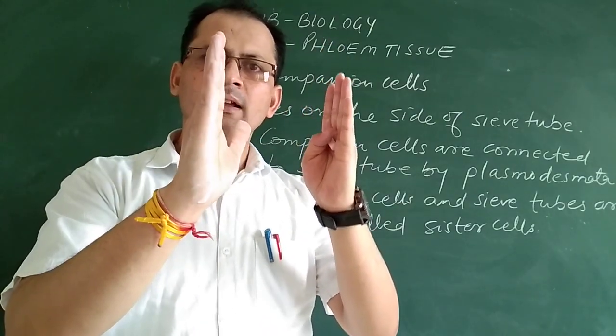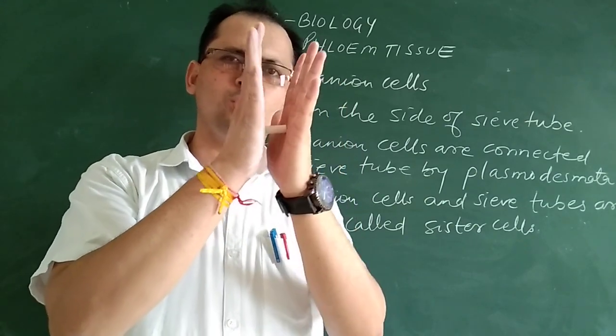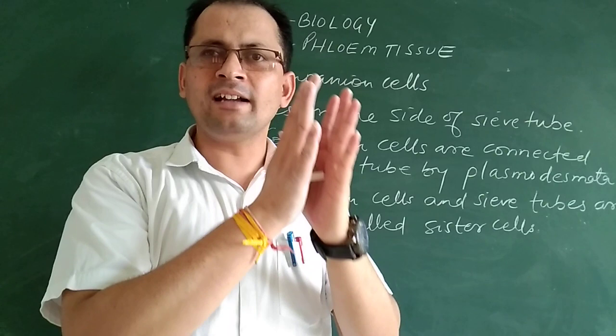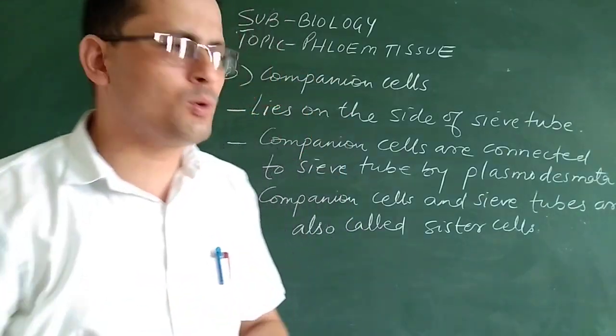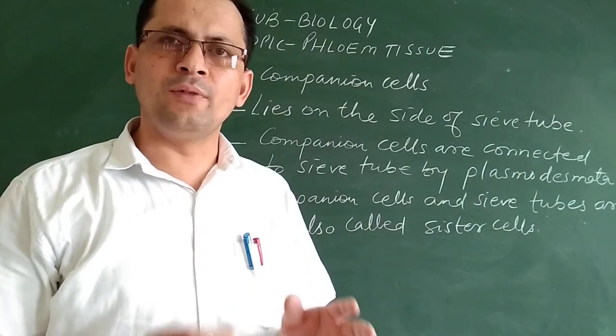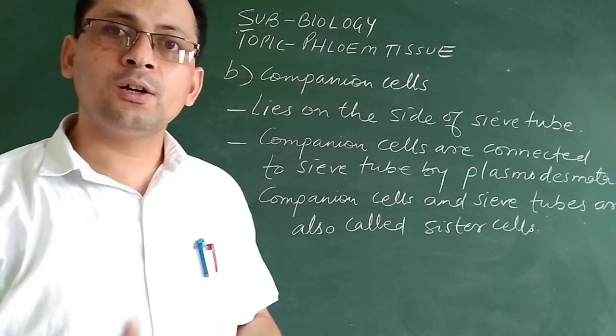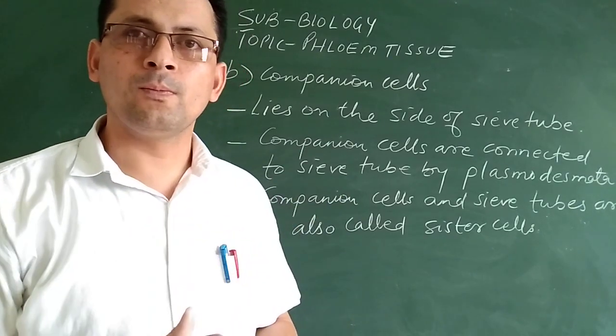The companion cell and sieve tube are connected to each other by a structure known as plasmodesmata. Plasmodesmata is the structure which connects the companion cell to the sieve tube.